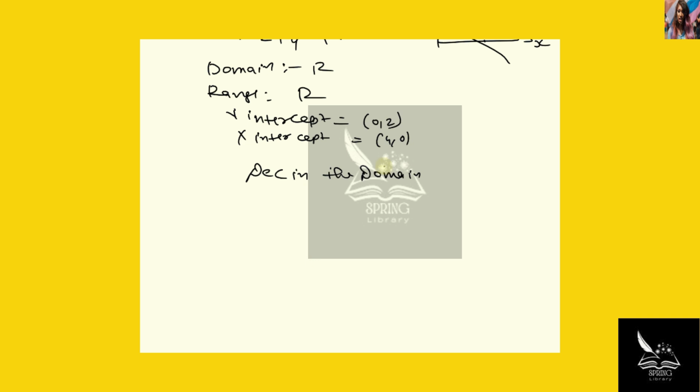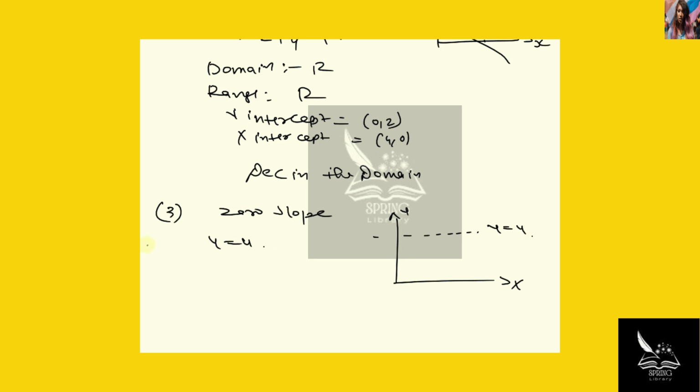Now similarly we will consider the third example. For the third one, we have a linear function with zero slope. So we will take some constant, y equals 4. If we plot this graph, this is our y-axis, this is our x-axis, and this will be the straight line y equals 4. This is a horizontal line at y equals 4. The domain will be the set of real numbers R, whereas the range will always be equal to 4.